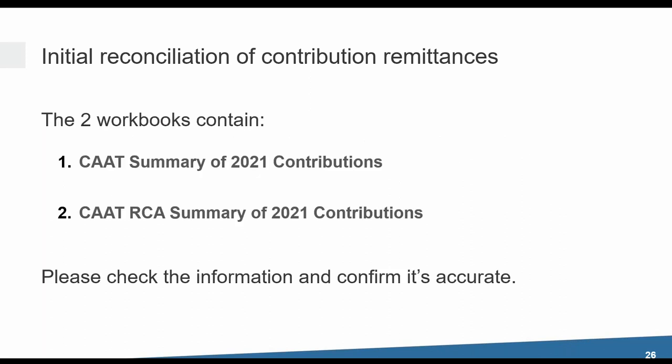These 2 workbooks will contain a summary of your CAT 2021 contributions and a summary of the RCA 2021 contributions. Please review these 2 spreadsheets in detail and verify the reported figures to ensure that what was remitted to the CAT pension plan and the CAT RCA was what is showing on the spreadsheets.